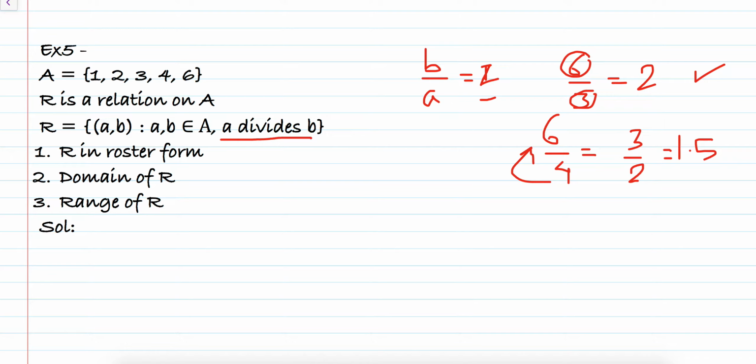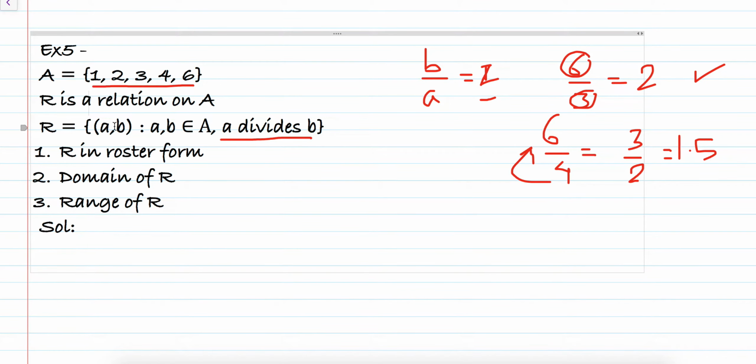So we have to find all such pairs where a belongs to this set and b also belongs to this set only. If we take 1, then we have to find all the numbers which are divisible by 1.